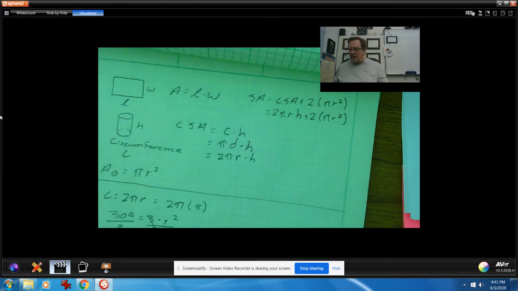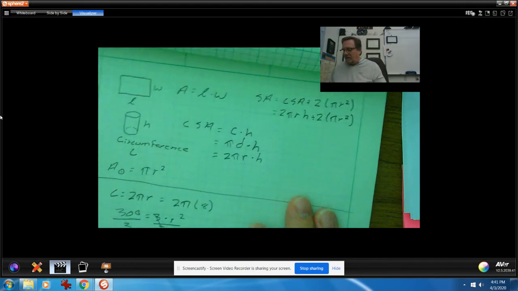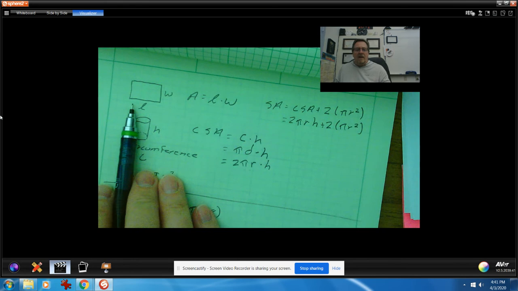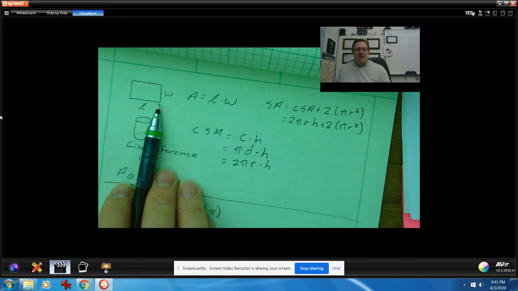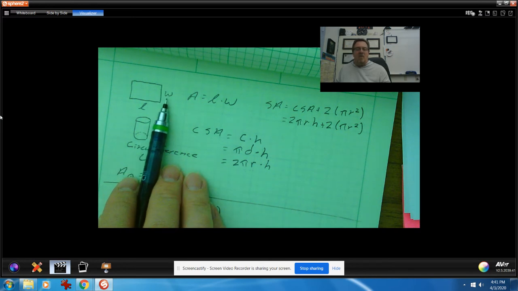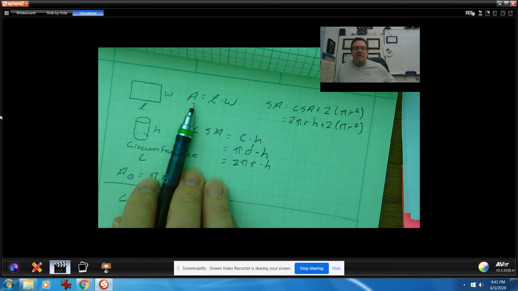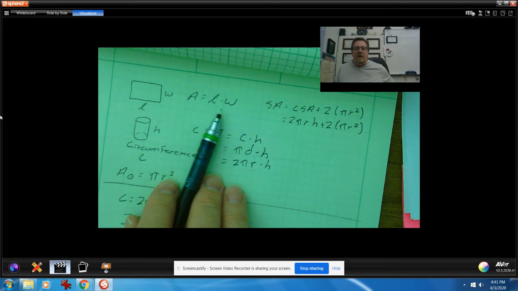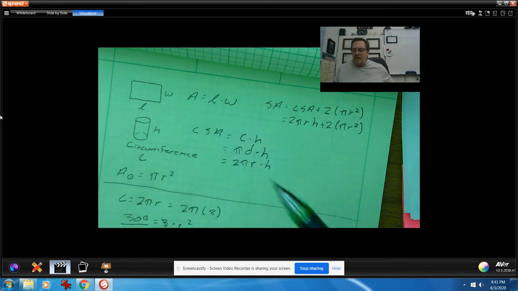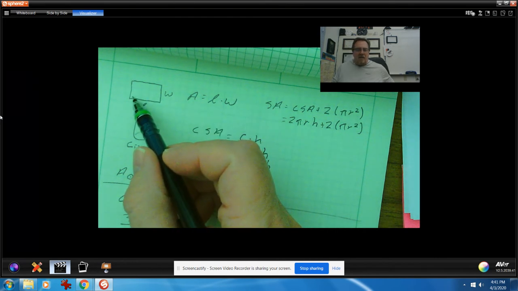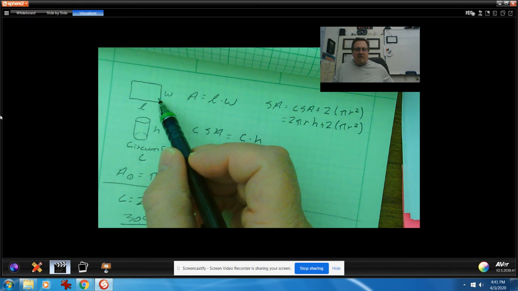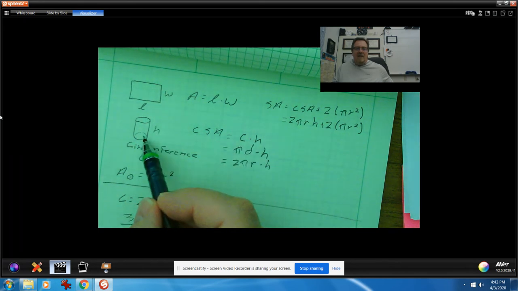So let's look at that on some flat drawings here. If I draw a rectangle and label the long distance L for length and this shorter distance W for width, we hopefully remember that the area for a rectangle is just the length times the width. But if I were to take this corner and curl it up so that it laid on top of this corner, then I'd make a cylinder, right?